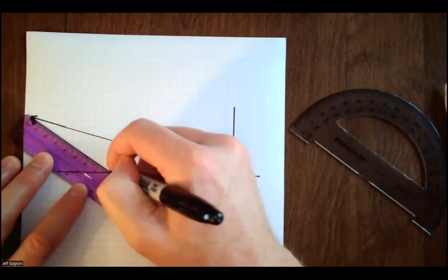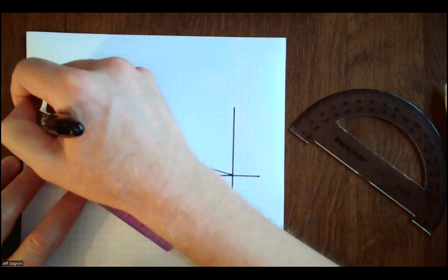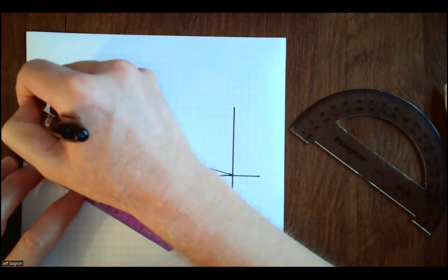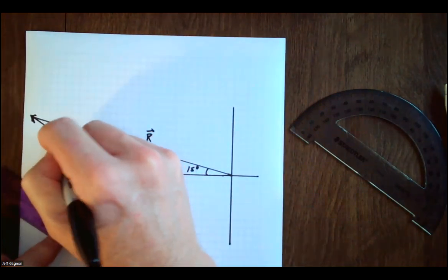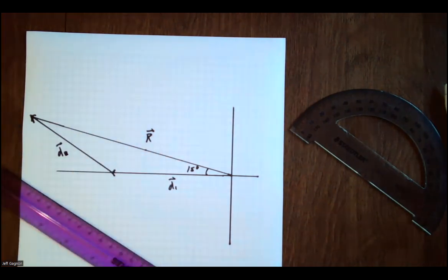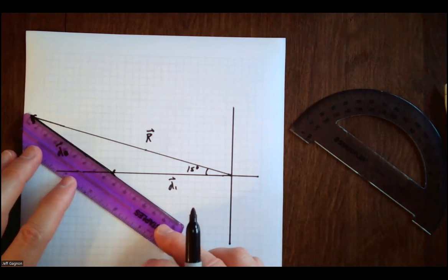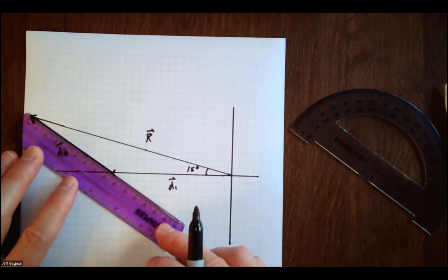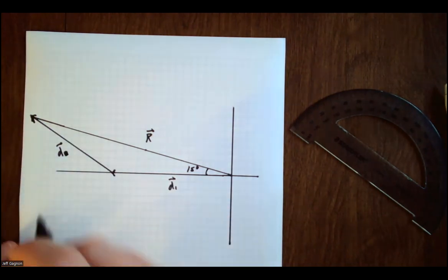So if I start at the tip of D1 and go out, that's going to be D2. So if you measure the length of this, it's hard to read on the video here, but it's around 8.3 centimeters.